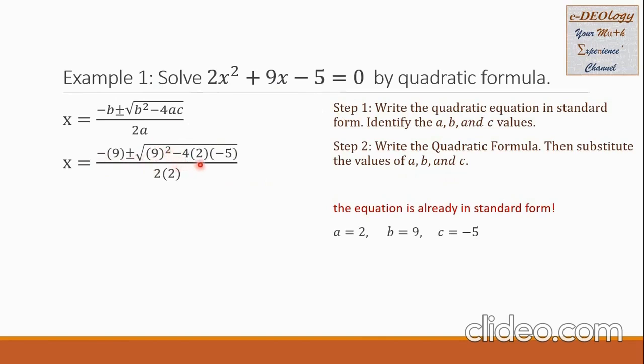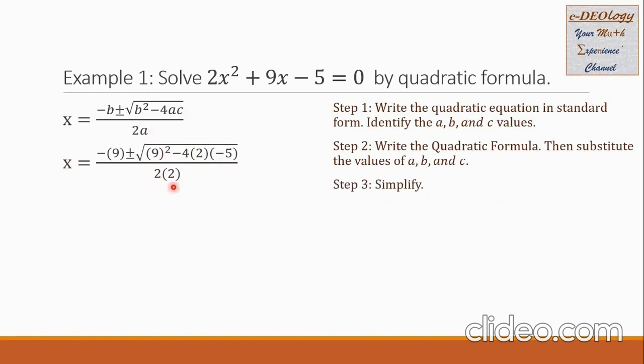The a is now changed into 2. The c is now -5 all over 2 times a, and the a is now changed into 2. And step 3, we will simplify and get the values for x.